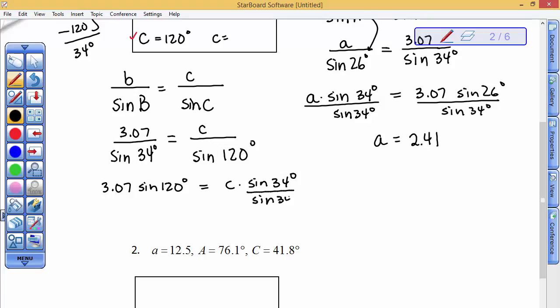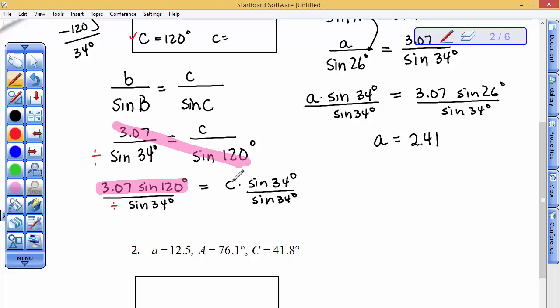In each of these cases, what I'm actually doing is taking the product of the 2 things that I know that are in opposite corners, right here. So I took those and multiplied them together. And then I'm going to divide by what's opposite my unknown. So then I divided by this sine of 34 degrees in order to get C alone.